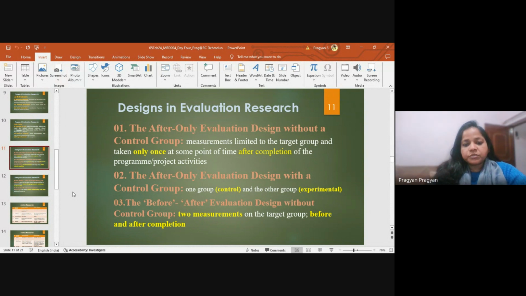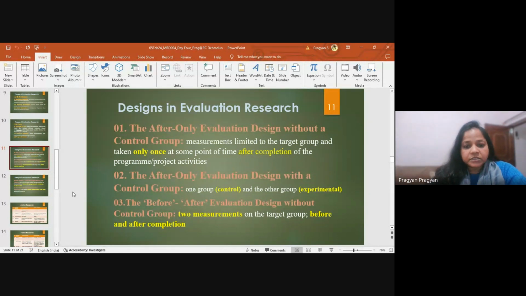In this, we have another group: one is the target group, the experimental group, and the other is the control group. Again, we conduct evaluation research only after the completion, but one group is the control group and the other is the experimental group.